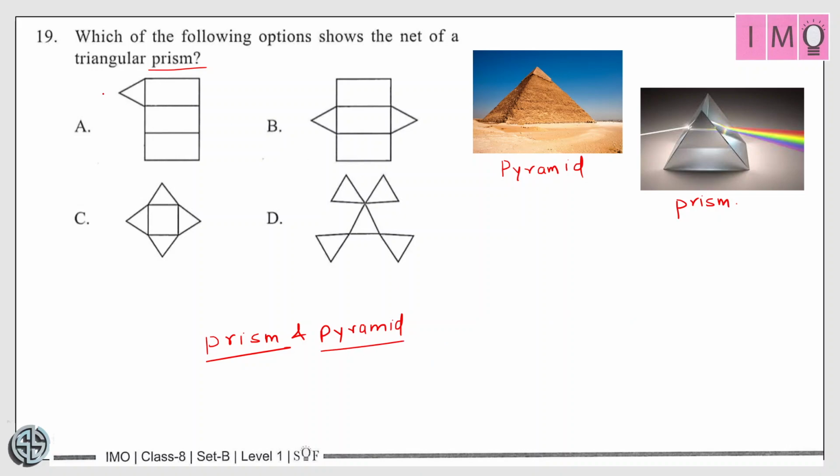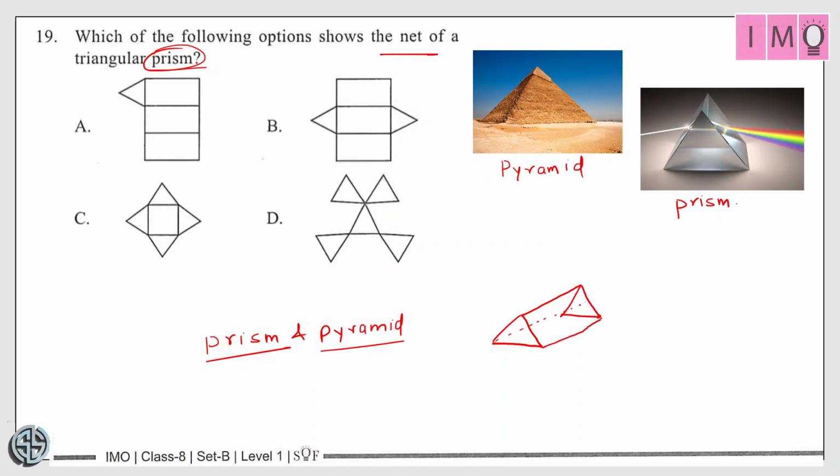So here you have to make the net for the triangular prism. This is our triangular prism. If I draw a picture of a prism, it will be something like that. In the prism, you will find a line at the top, whereas in a pyramid, you will find a point. So it will be something like your triangular prism.